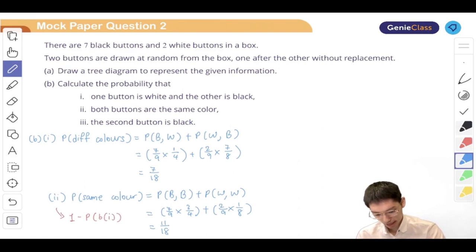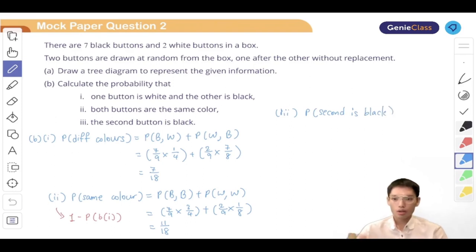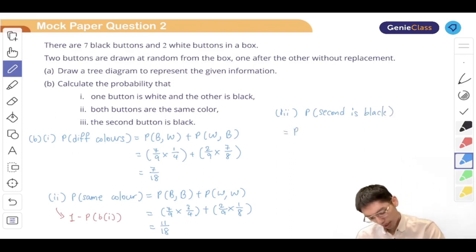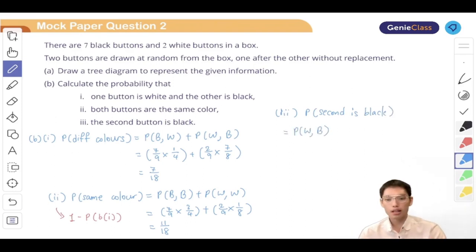Right, last one, a little bit special. Second button is black. Now, how do I do this? Following the tree diagram, you want to look at the second draw being black. So we take note, first one can be white, second one must be black, or both are black.